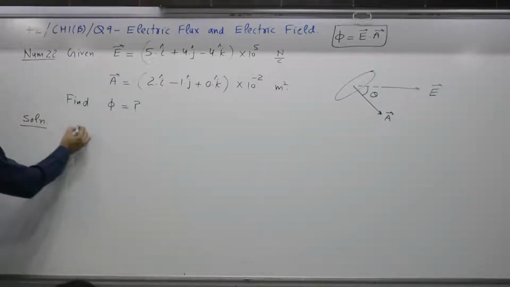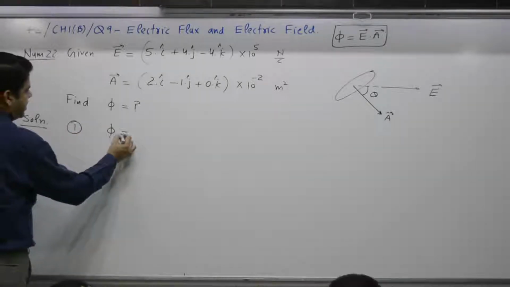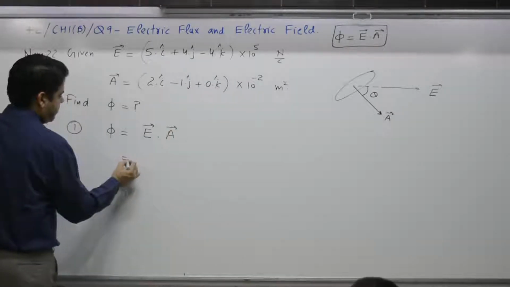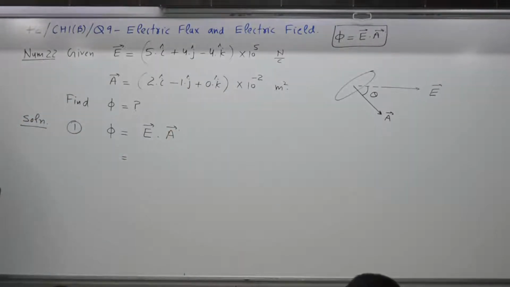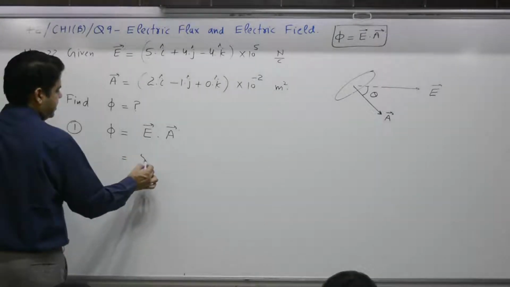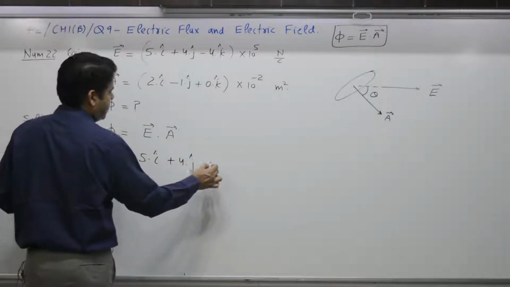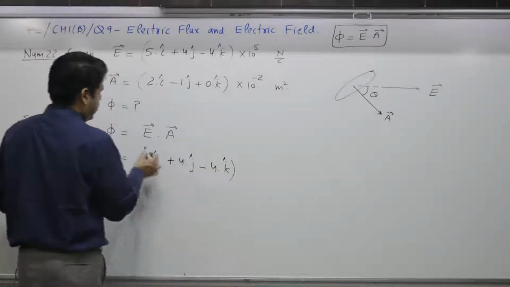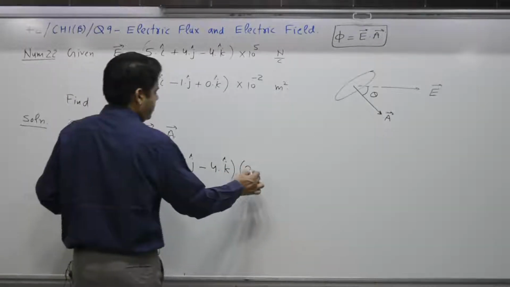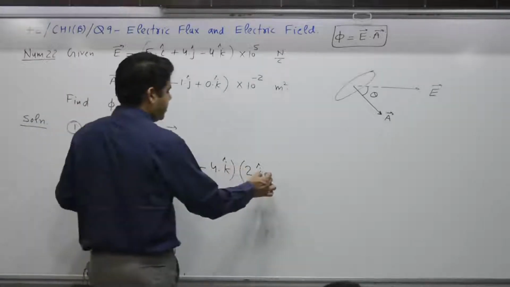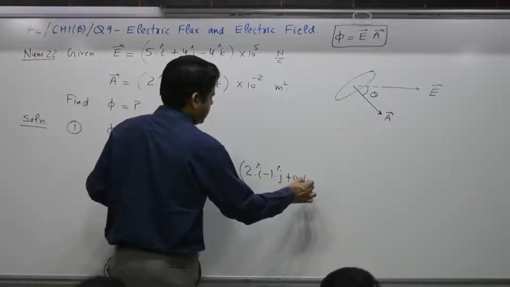Concept. Step number 1 is concept. Phi is equal to E dot A, the dot product of two vectors. Write the value for E: it is 5i plus 4j minus 4k, dot 2i minus 1j plus 0k.